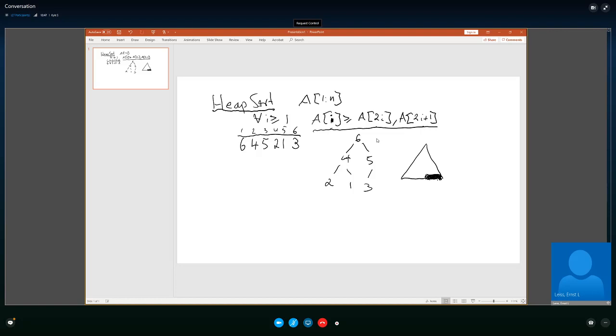This is clearly not a search tree. But what is it that we can state about a heap? Anything? If you look at this condition, what is it that you can say specifically about, say, the root of the tree or the first element of the array?